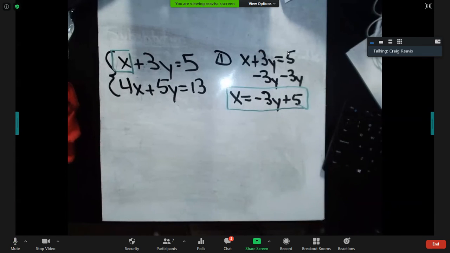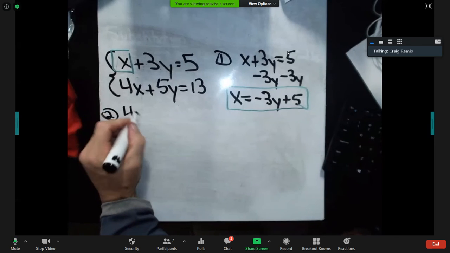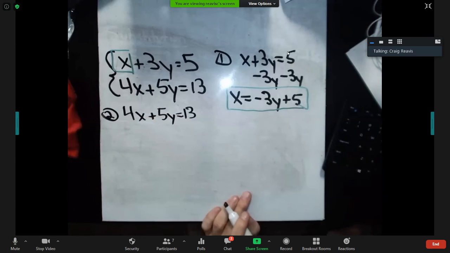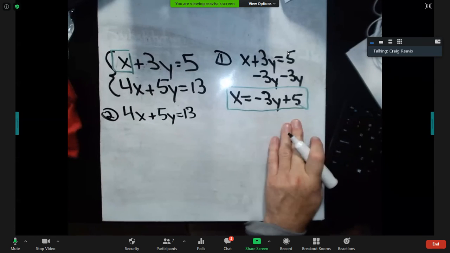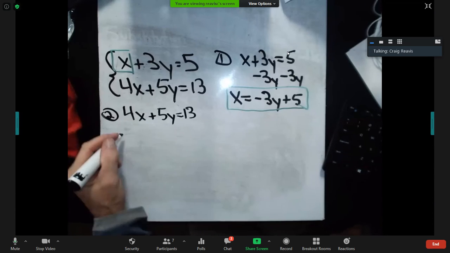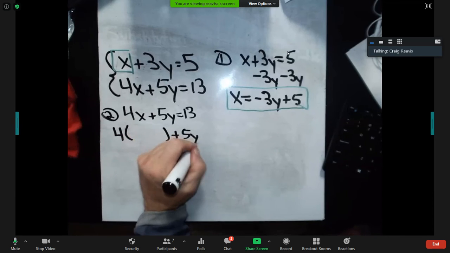All right, step 2 says I take the other equation, which is 4x plus 5y equals 13, and I'm going to replace one of these variables with what I just solved for. Well, I'm going to replace the x this time because I got x equals. So I can take out the x. Everything else is going to be the same.